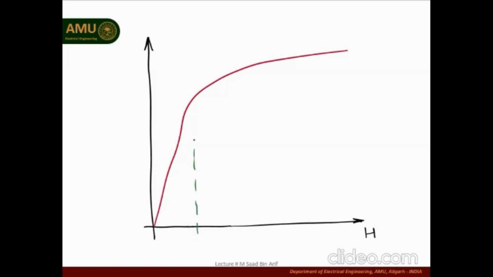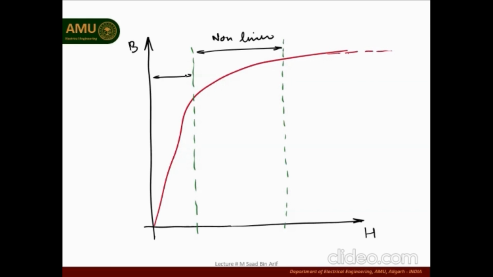Here we have a non-linear region, and then we have a saturation region. Although the graph is not very accurate, you can understand what we are trying to convey. This is non-linear, this is linear, this is saturation.